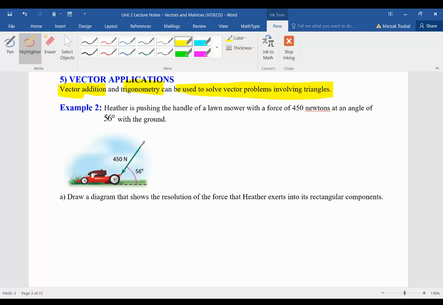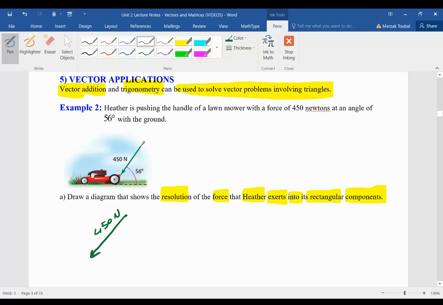Okay, the first question says draw a diagram that shows the resolution of the force that Heather exerts into its rectangular components. So let's see what we're talking about over here. Here's Heather's force. So Heather's force is this one, 450 newtons.